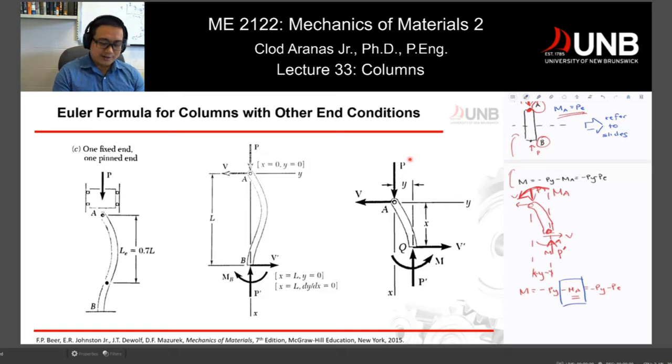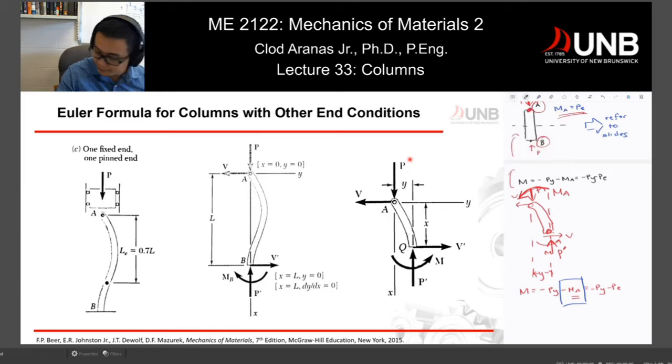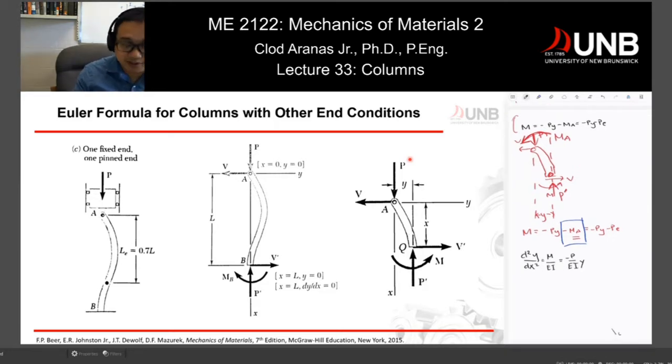Based on this moment equation, it makes sense to apply the second order differential equation to get some equation that could be useful later. So EI d squared y over dx squared is equal to M, the moment as a function of x, and that will be equal to negative P y minus P E. This is the same derivation from the previous one, which we didn't discuss, but I think we might have time to cover it a little bit.